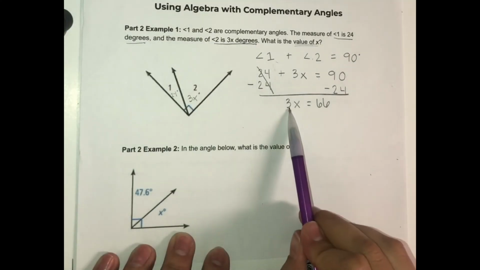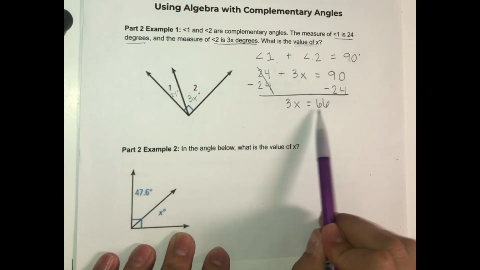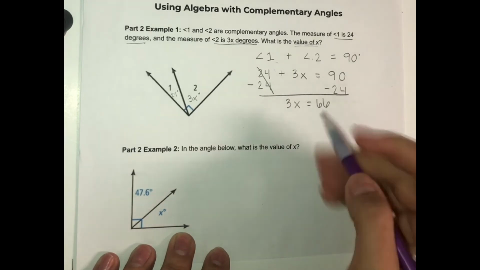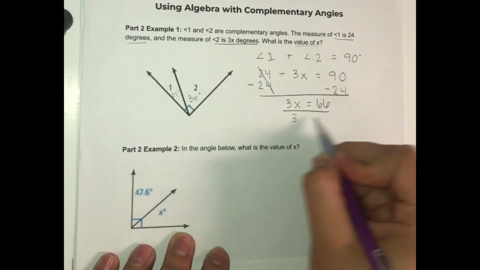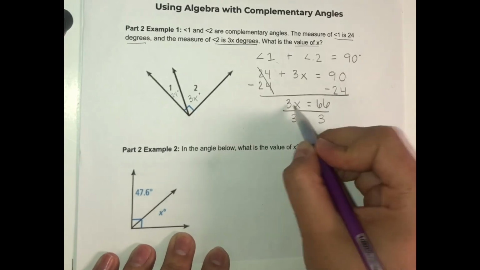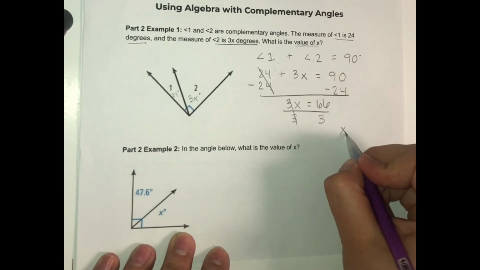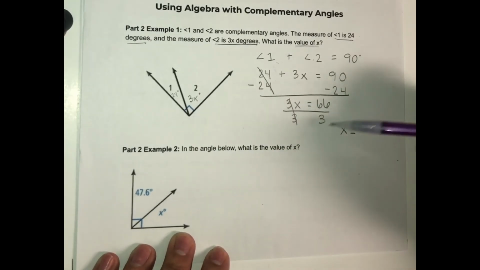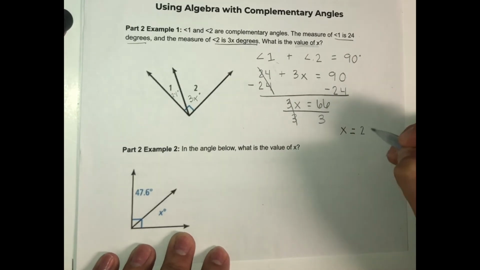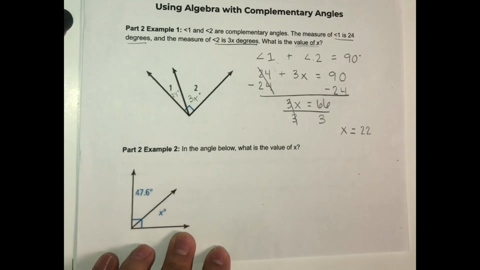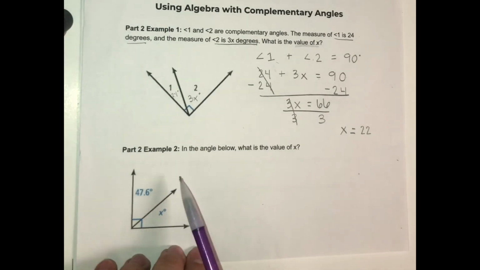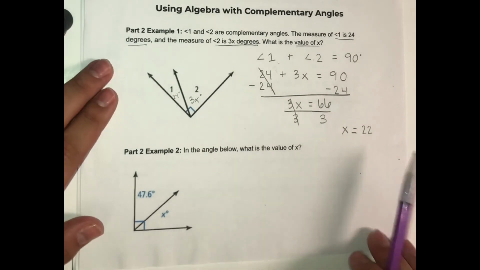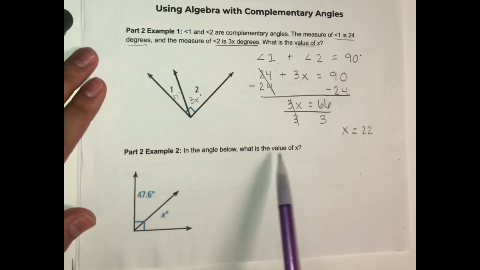So now I have 3x is equal to 66. I know I'm solving for x, so I have to divide by 3 on both sides. 3x divided by 3 cancels. You're left with x equals 66 divided by 3 is 22. So x equals 22.